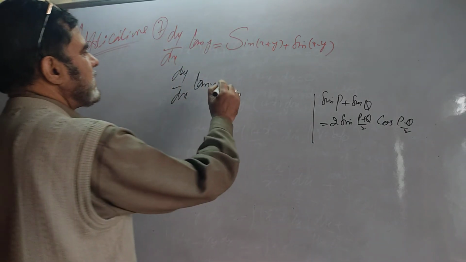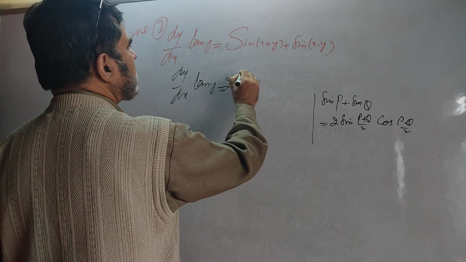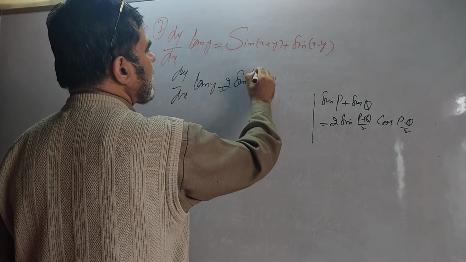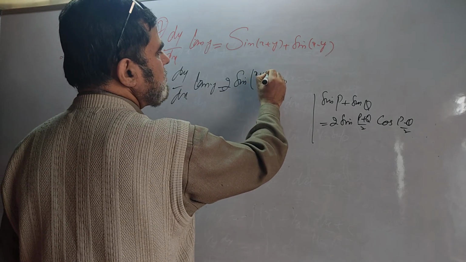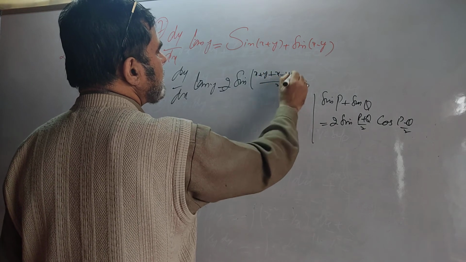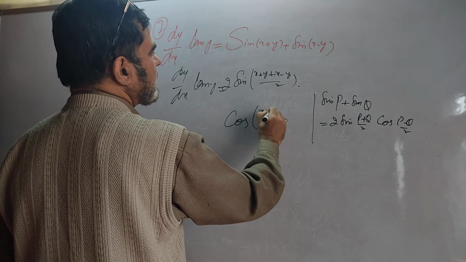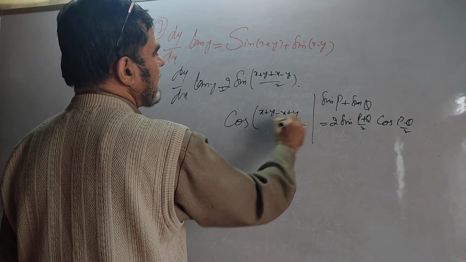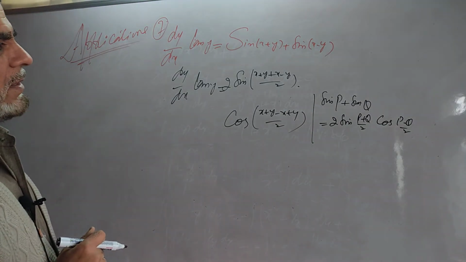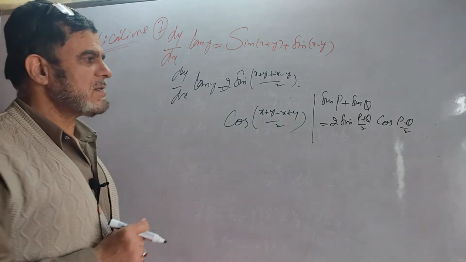So accordingly you can write it, it is twice sine of ((x plus y) plus (x minus y)) by 2 into cos of ((x plus y) minus (x minus y)) by 2. We have used this formula, sin p plus sin q is twice sin (p plus q) by 2 into cos (p minus q) by 2.